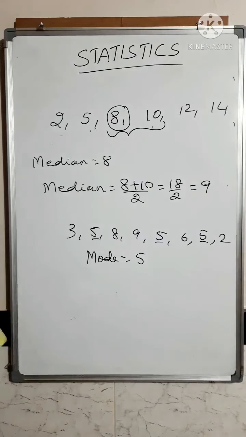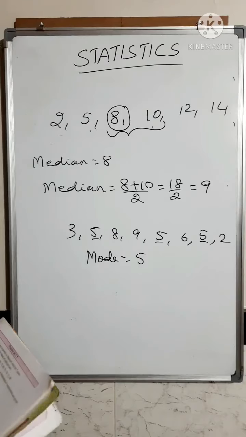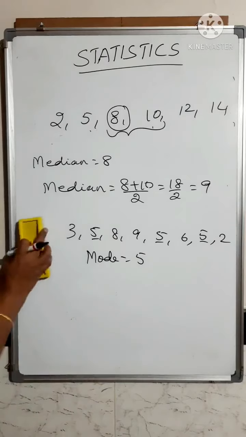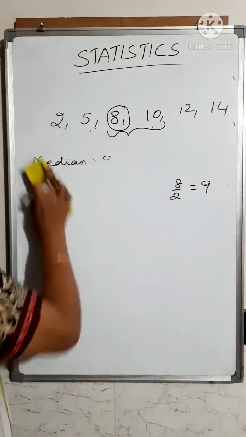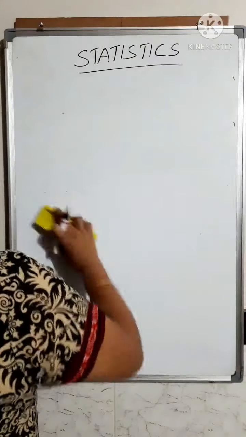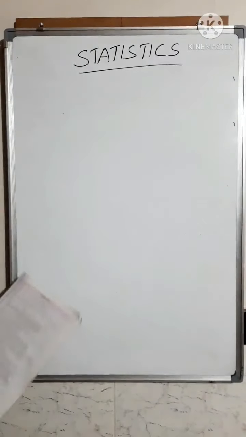I will just go to practice set 7.5. Yield of soybean per acre in quintal in Mukund's field for 7 years was given. You have to find out the mean. So here since only a few scores are there, mean is found out by just adding all the scores and dividing it by the number of scores.